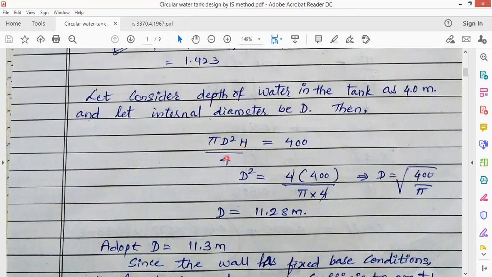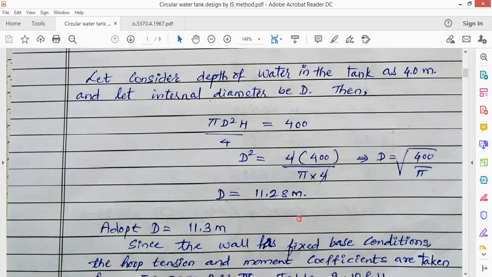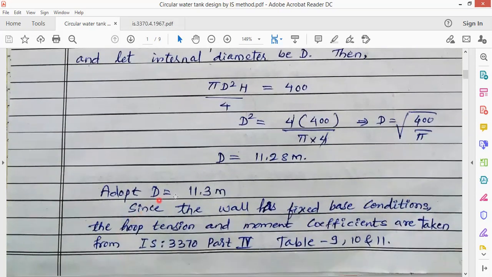Pi d square by 4 is the area, and pi d square by 4 into h is the volume, which is 400 meter cube. From this I will obtain the diameter. The diameter is equal to 11.28 meter, so I will adopt the diameter as 11.3 meters.